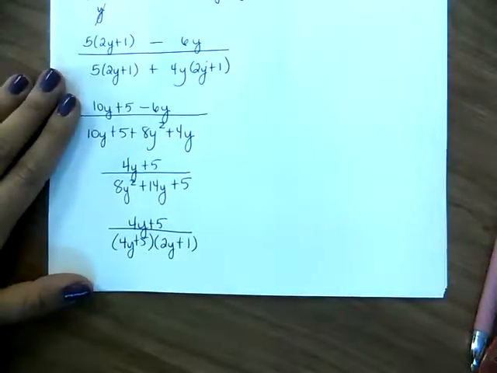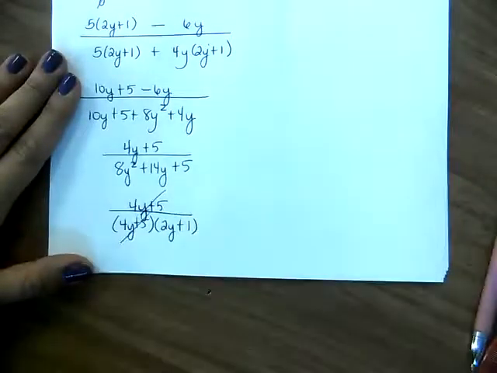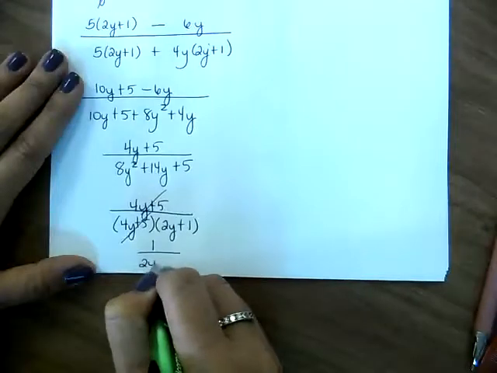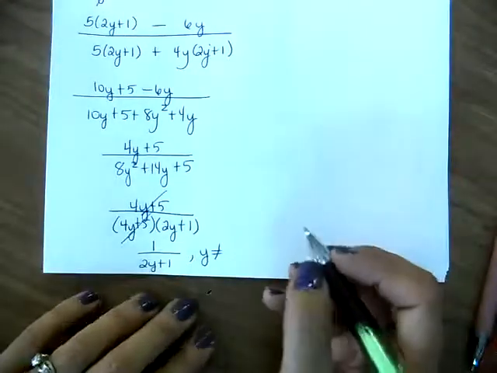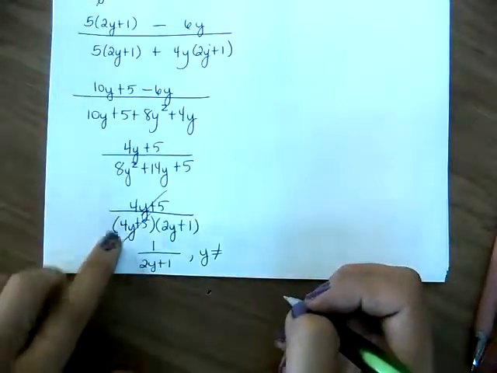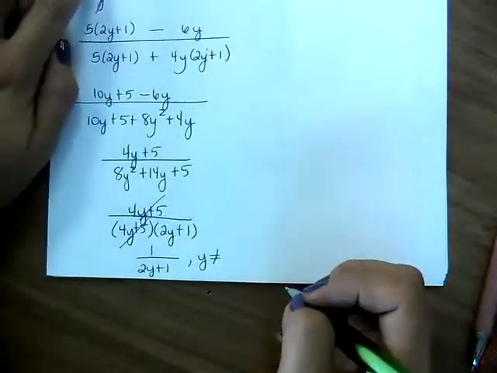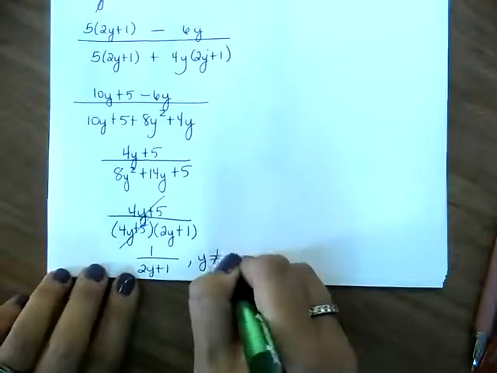And at that point we can see canceling. Right, we have this common factor. It can cancel. Final answer should be 1 over 2y plus 1, where y can't equal negative 5/4. Go all the way back. y can't equal 0. You have to go back to the original.